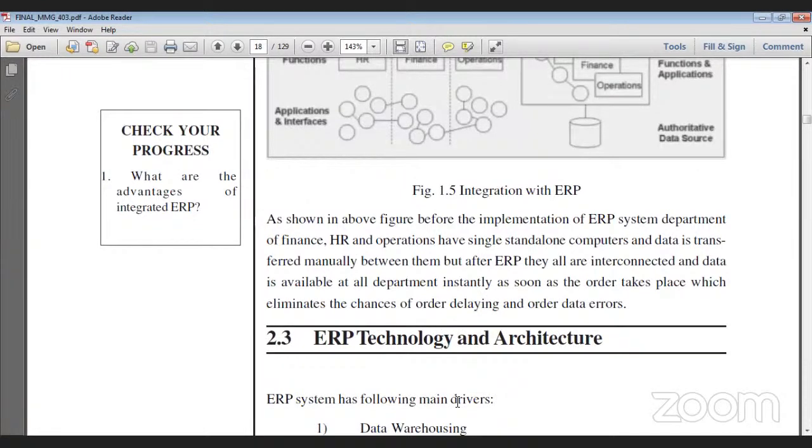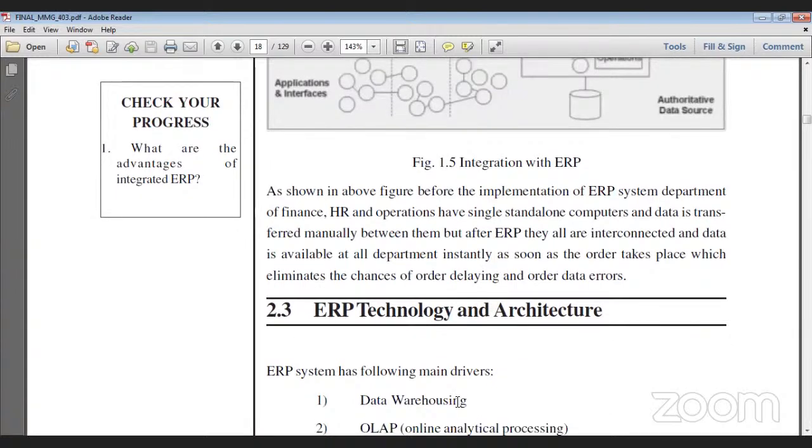The ERP system has the following main drivers. First is data warehousing. Second is OLAP, that means online analytical processing. Third is OLTP, online transaction processing, and fourth is data mining.